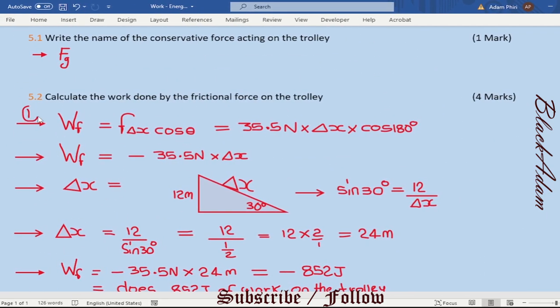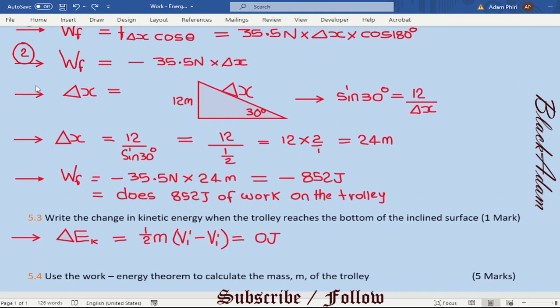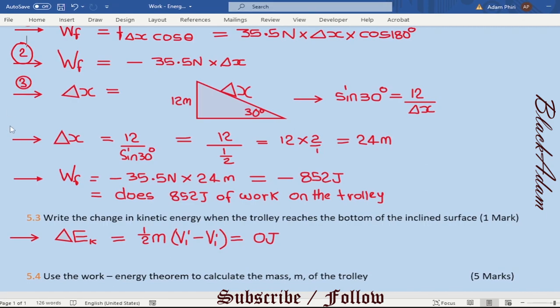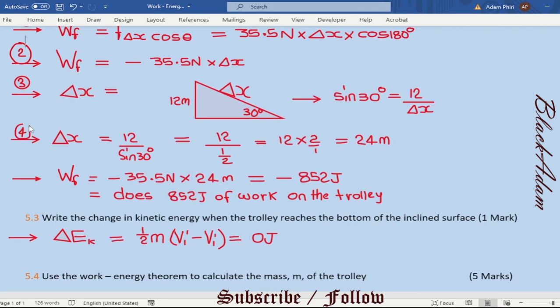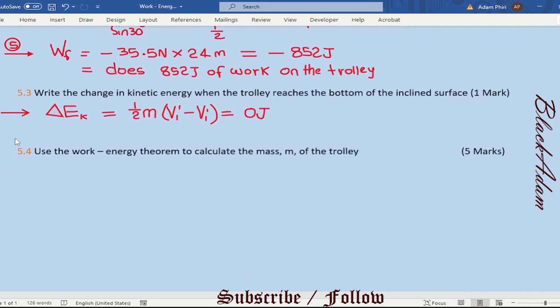And then that is step 1, step 2, step 3, step 4, step 5. So that's for the previous question.